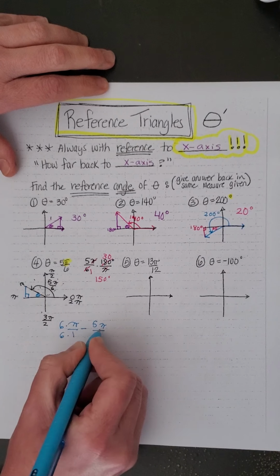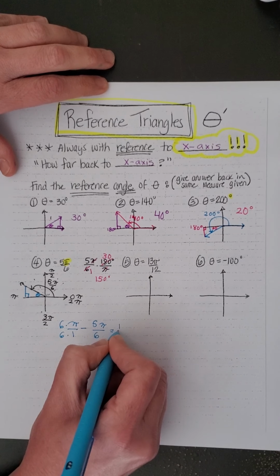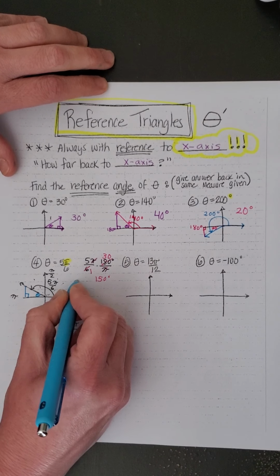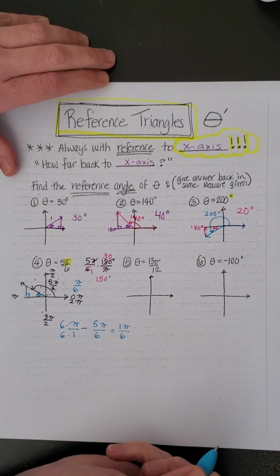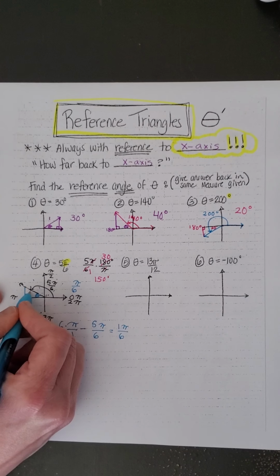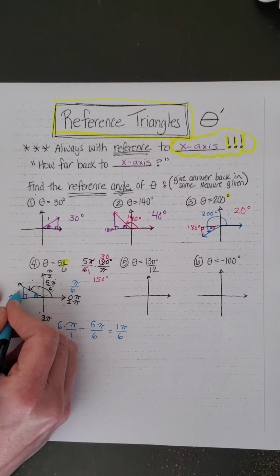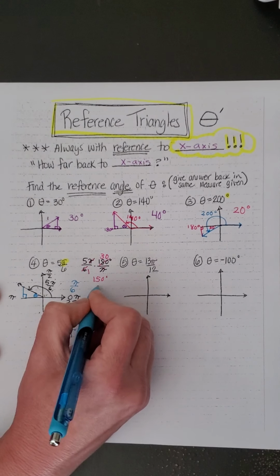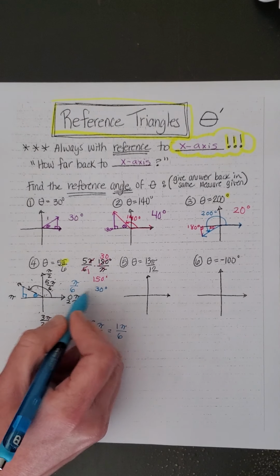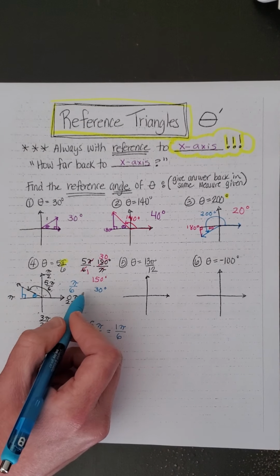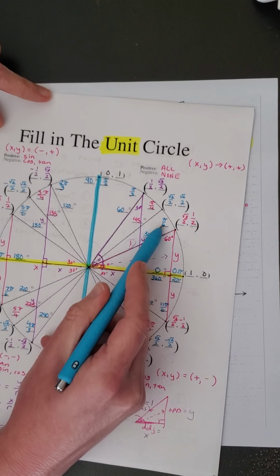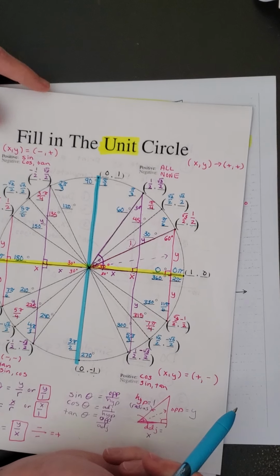So 6 pi over 6 minus 5 pi over 6 would be 1 pi over 6, or pi over 6. And what you could have done is, if you used 150 degrees, how many degrees more would you need to get to 180? You would have gotten 30 degrees more. And if you notice, 30 degrees and pi over 6 are the same thing.